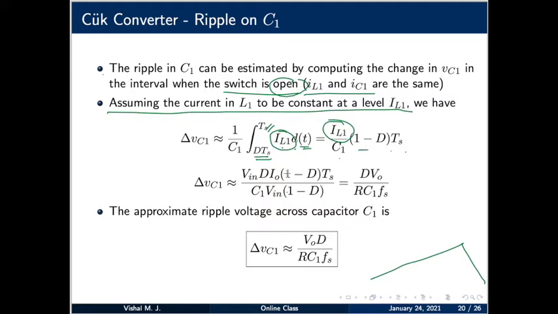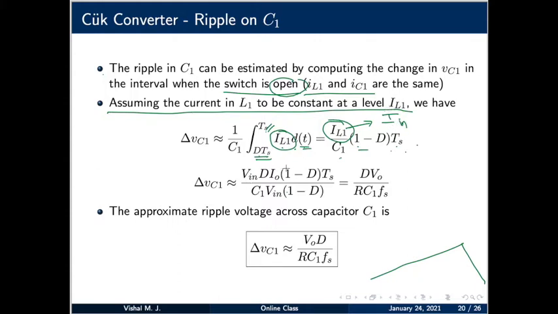So I will explain once again. The change in ripple is taken to be 1 by C integral IC dt. IC1 is the same as IL1, and when the switch is open, the limits of integration are from dTs to Ts. So you will get IL1 by C1 into 1 minus dTs, but IL1 is the same as I input. So you convert either to input voltage or output voltage.